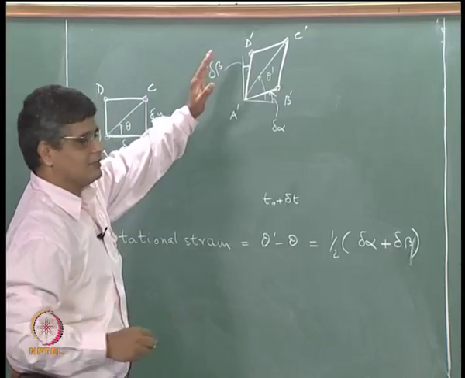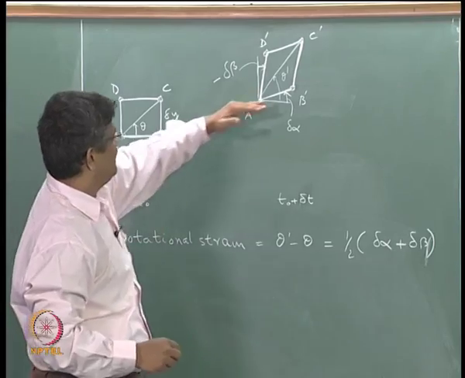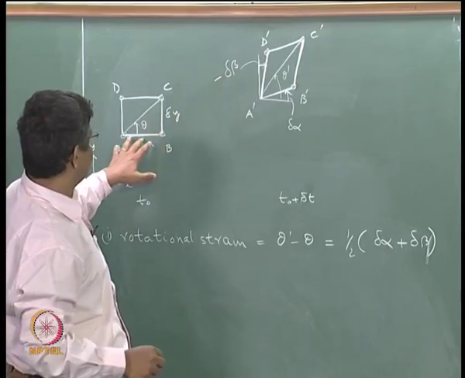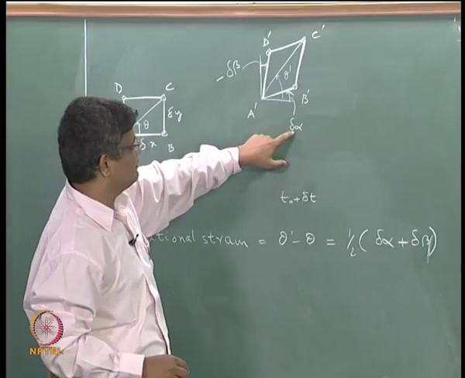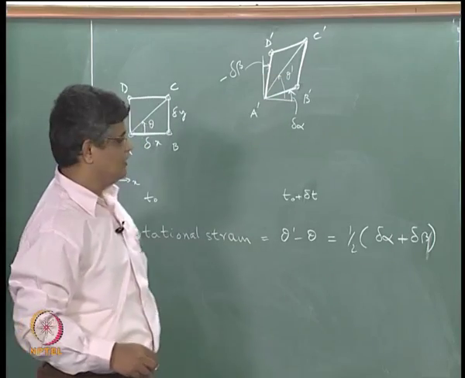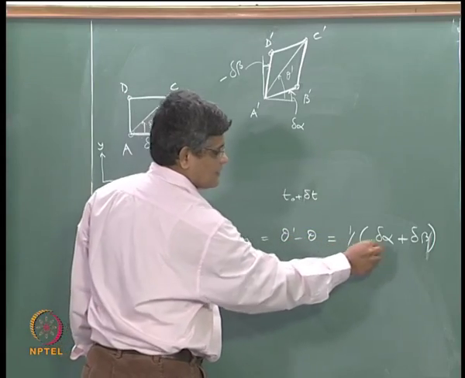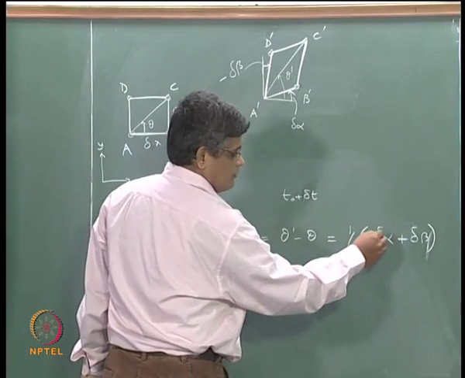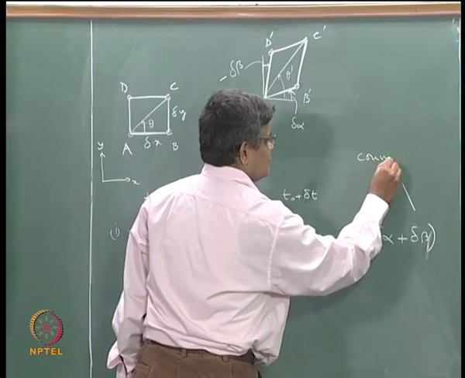That is the shifting of the diagonal coming from the rotation of the side AD and the side AB. And we note that initially delta alpha is 0 and delta beta is 0. So any change from 0 value of delta alpha to the new value has arisen because of the relative motion. So the rotational strain, theta prime minus theta, is given by this. Here we measure both the angles in the counterclockwise sense.